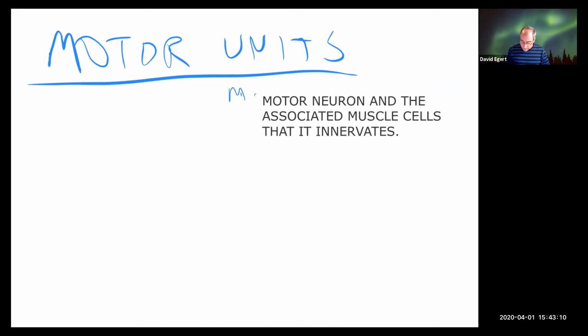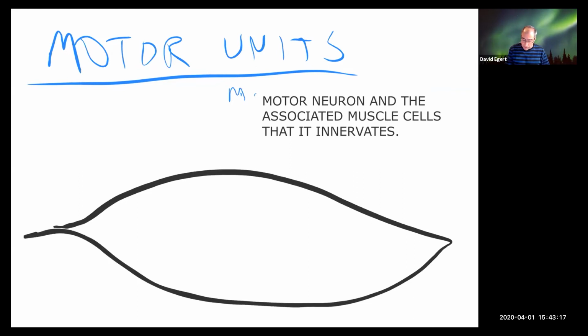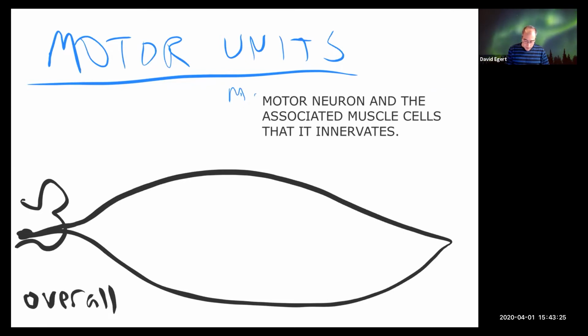And so let's look at an overall muscle. Let's say this is your biceps brachii muscle, connected to your bones and whatever. So this is the overall muscle, the muscle as an organ, made up of lots of muscle cells all bound together.